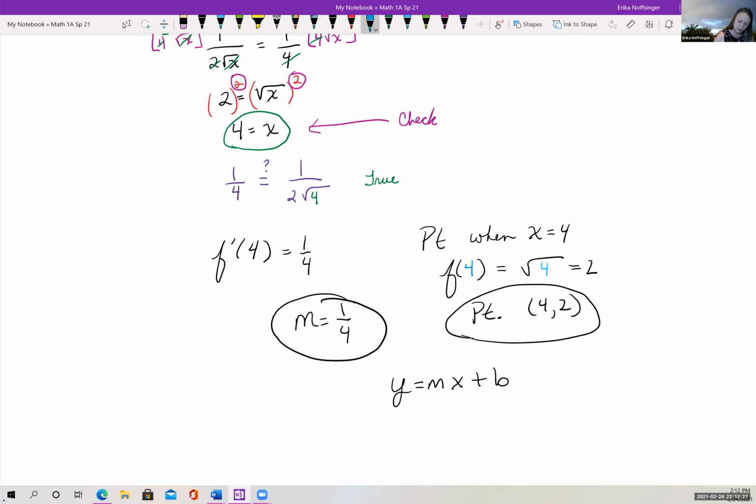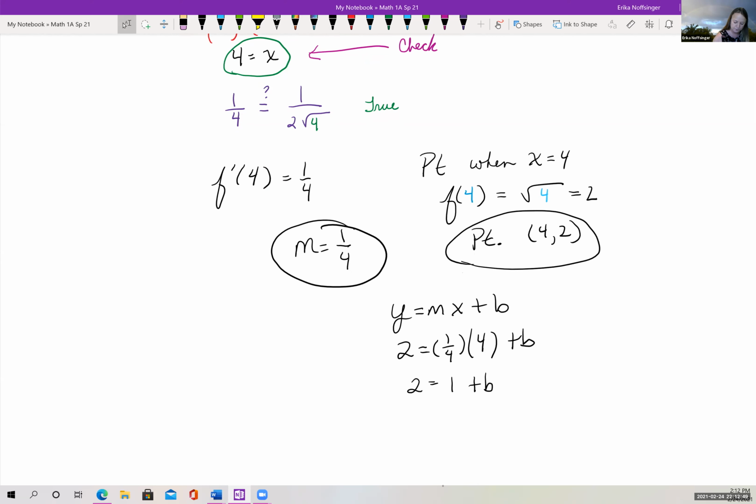So plugging in what we know, we have our y value, 2, equals our slope, a quarter, times x, which in this case is 4, plus b. So 2 is equal to a quarter times 4, which is 1, plus b. Let's subtract 1 on both sides, and so we get b is 1.